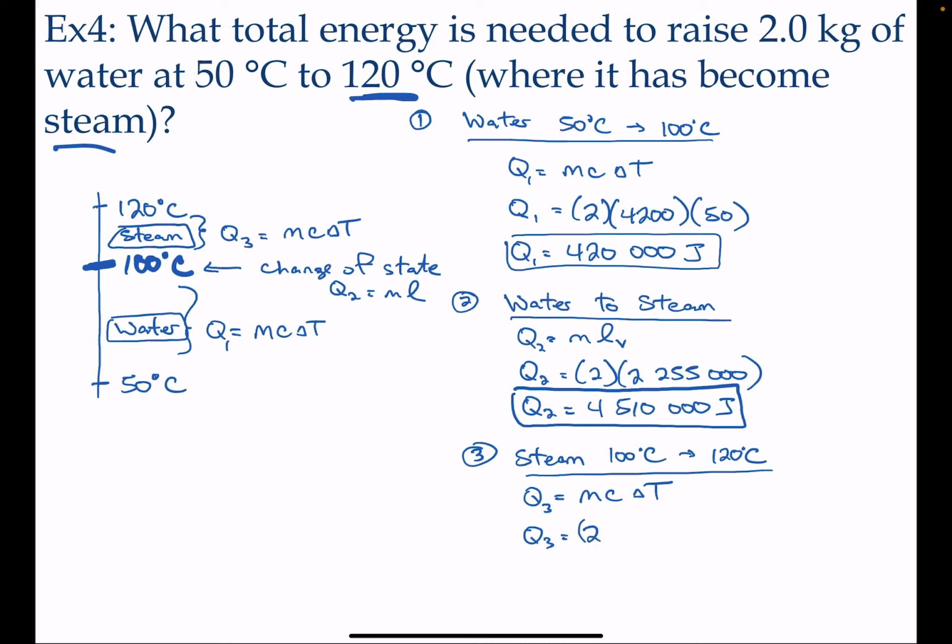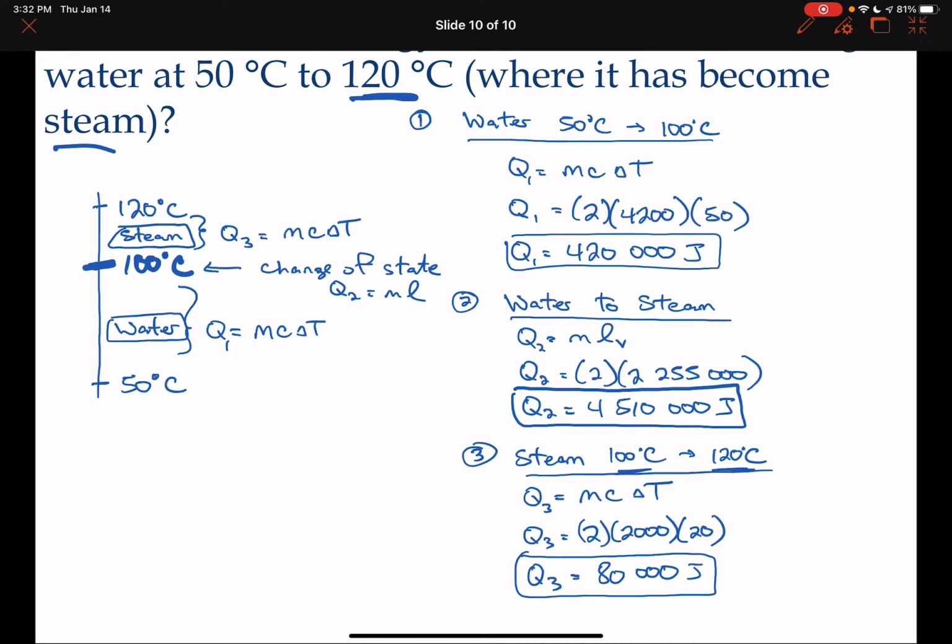We still have 2 kilograms. The C value for steam is 2,000. And the temperature change, remember it's T2 minus T1, so 120, take away 100, just 20. We multiply all that stuff, we get 80,000 joules. Again, not our final answer, just a number that we're going to need.